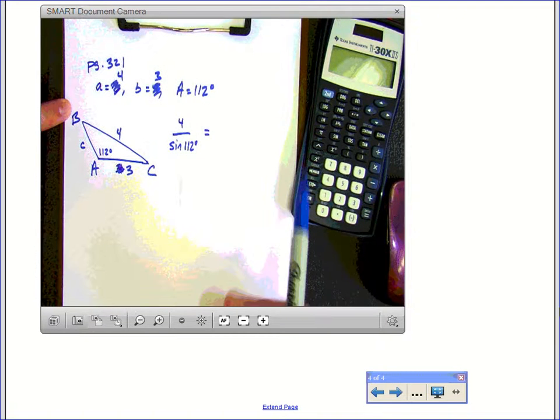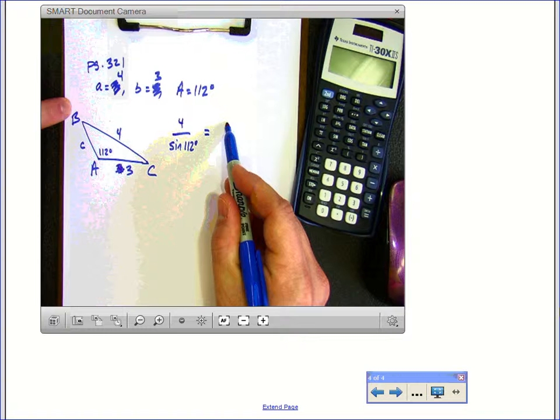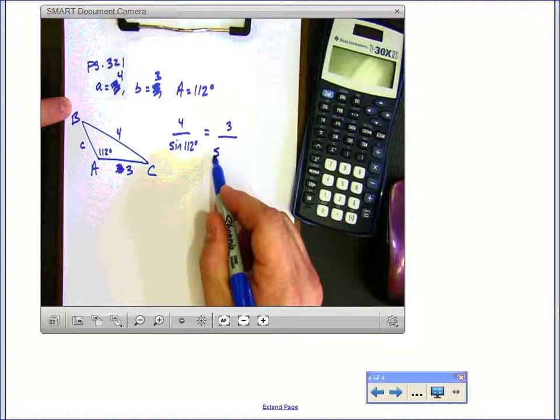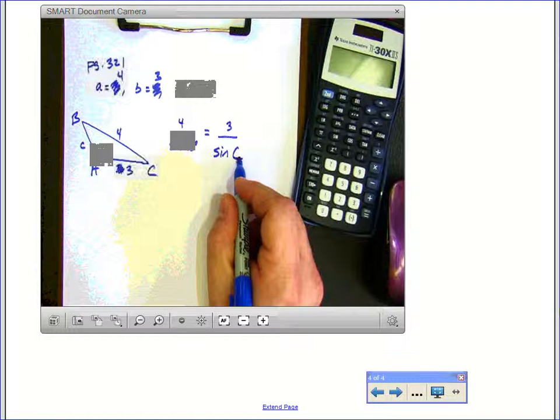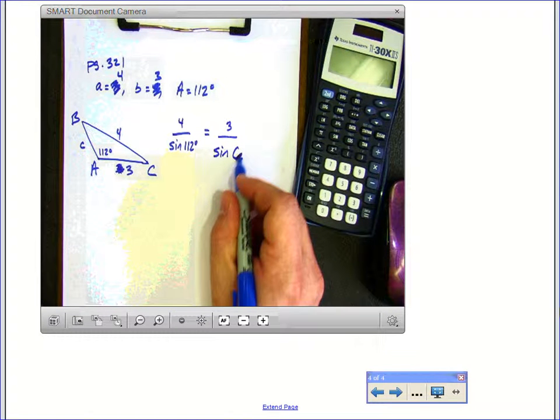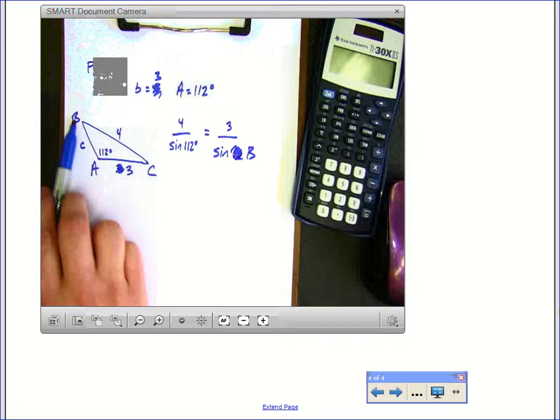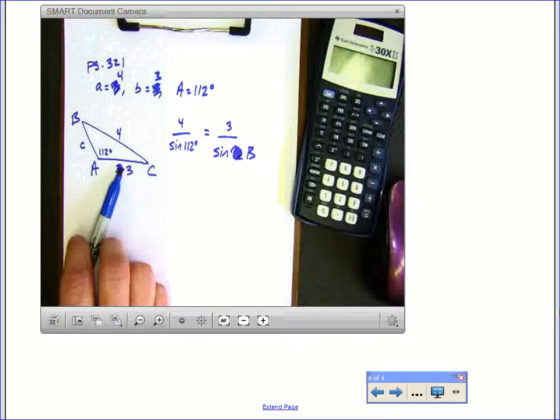So that's going to say, what here? 3 over sine of B. Okay, I'm sorry. Right. 3 over sine of B. All right, now let's cross multiply.